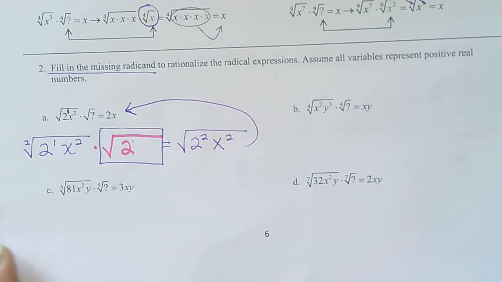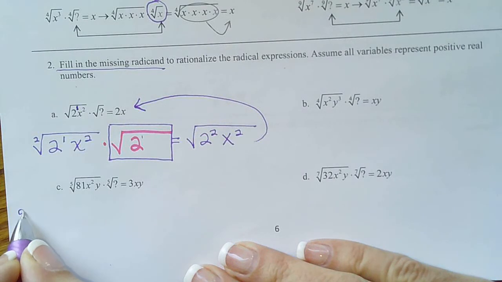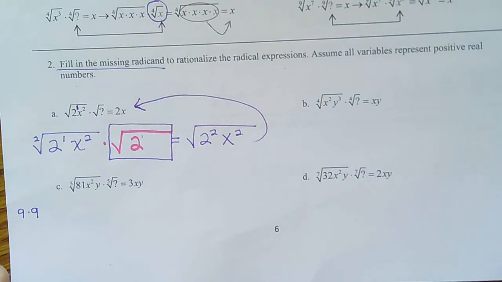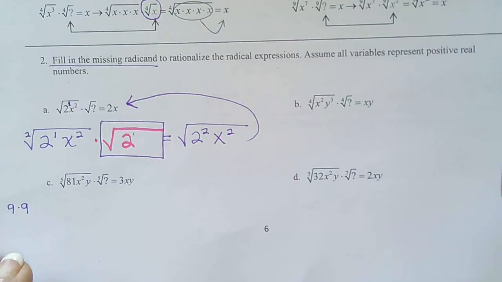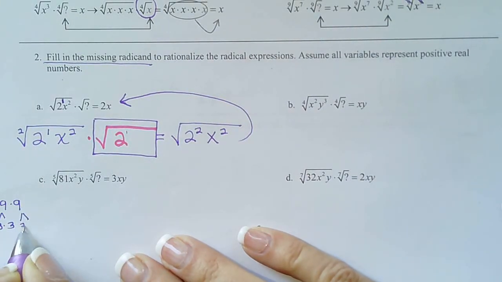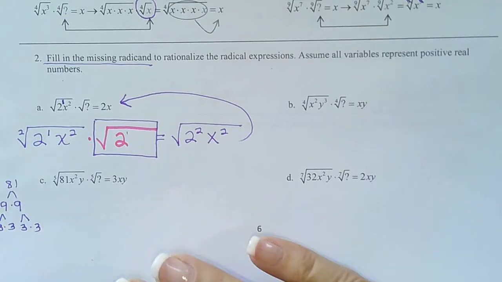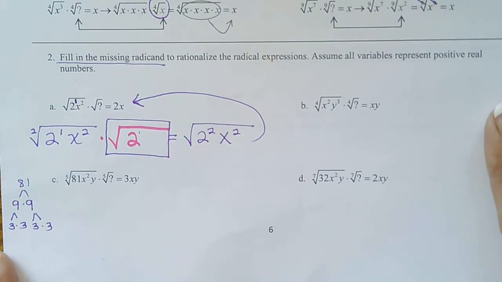That's just going to be a gigantic number. So 81 is 2 9s, right? Which is 4 3s. 3 3 3 3. Because 2 3s, 2 3s. So 81 is 4 3s. Are we all good with that?